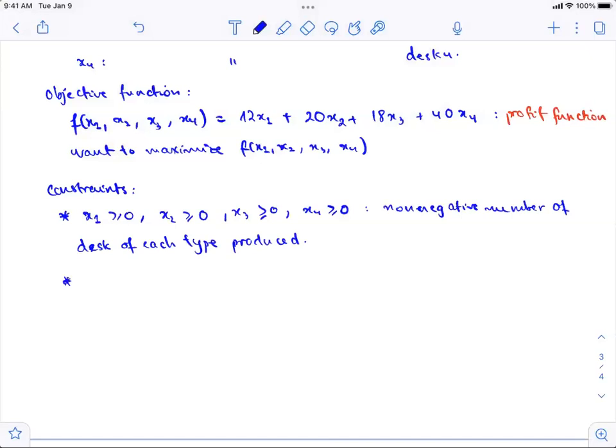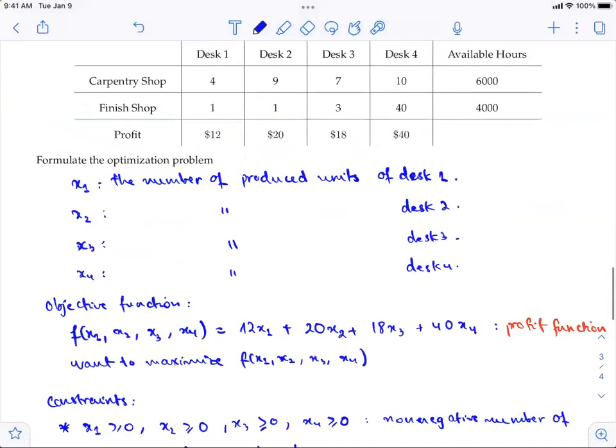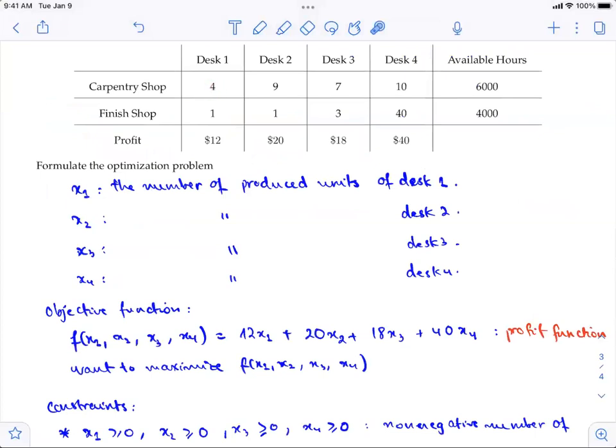All right. Now we also take into account the number of man hours available. So here 4x1 plus 9x2 plus 7x3 plus 10x4 has to be less than or equal to 6,000, because you don't want to exceed the number of hours that you have available.